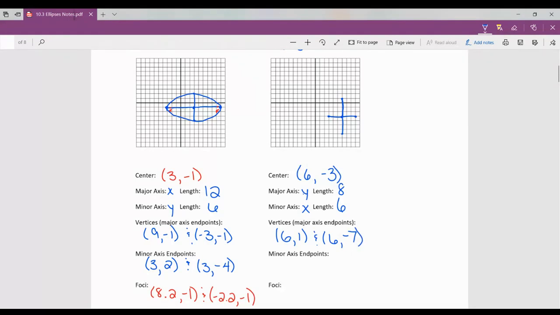My minor axis endpoints are, I went 3 to the right, so 9, comma, negative 3, and 3 to the left, 3, comma, negative 3.